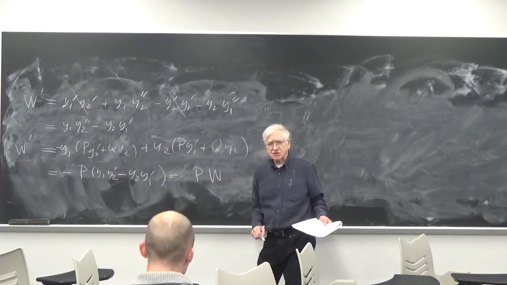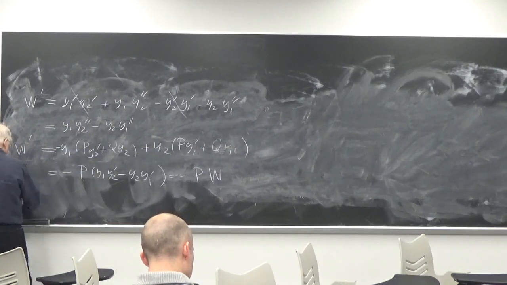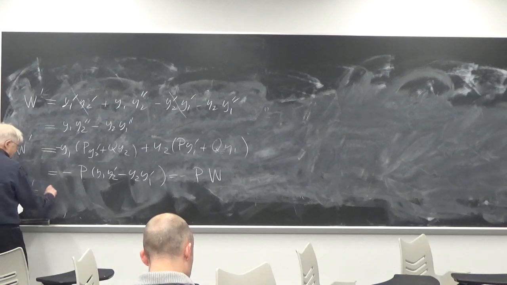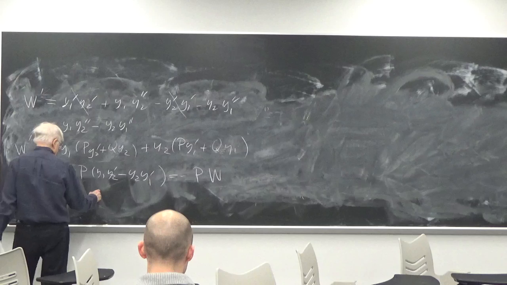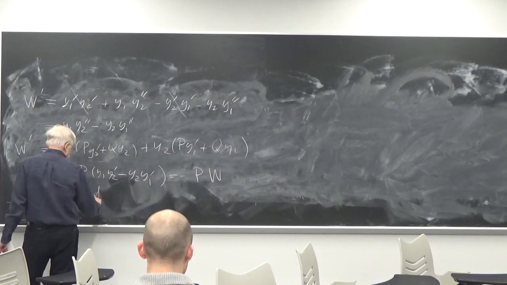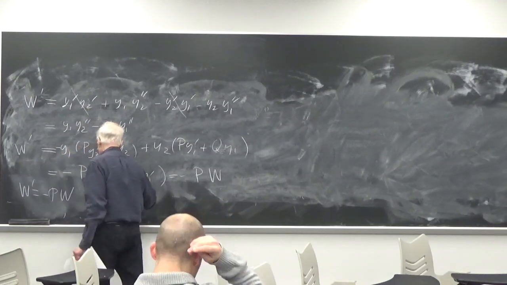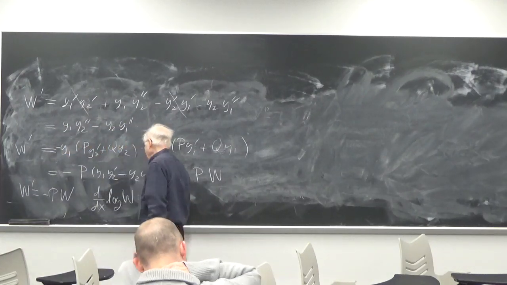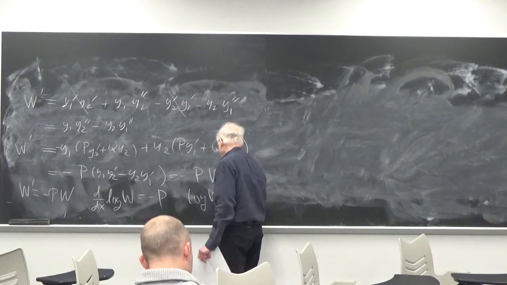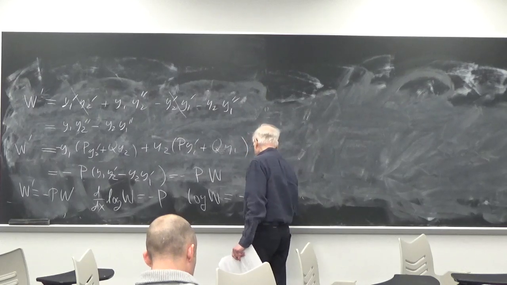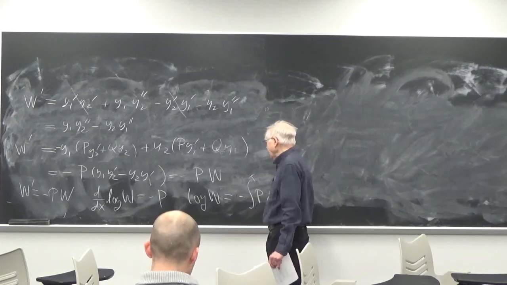So now we have a differential equation for the Wronskian, W prime is minus PW, and so you can integrate that. That's d/dx of log W is equal to minus P. So log W, apart from a constant, is minus the integral of P dx prime up to x.